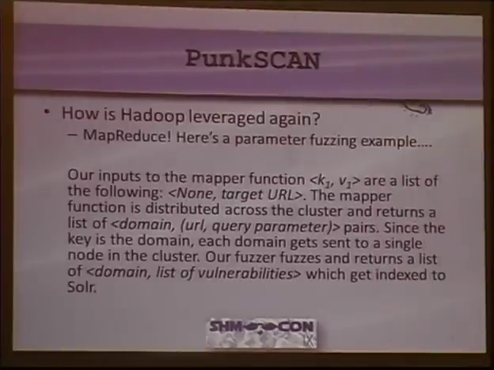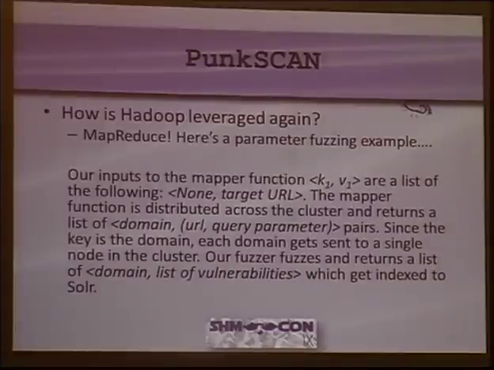So everything is MapReduce in PunkSCAN, absolutely everything. If you remember a bit about the discussion on MapReduce a minute ago, it's all about key-value pairs. Our inputs to the mapping function are just, really simply, a list of the target URLs that we're going to hit. This would be target domains in particular. So for the sake of making this a valid MapReduce operation, we're just going to set the key to none and the value to the target URL.